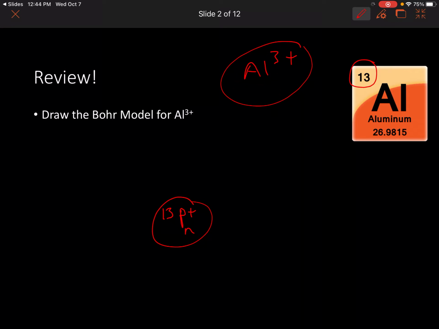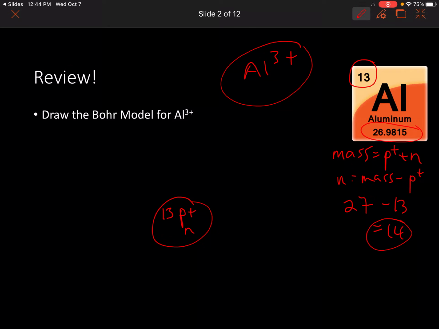For neutrons, we know that the mass of an atom is equal to the number of protons plus the number of neutrons. Therefore neutrons is going to be equal to mass minus the number of protons. We're going to make this a whole number, right? So 27 minus 13, and you're going to end up with 14 neutrons.